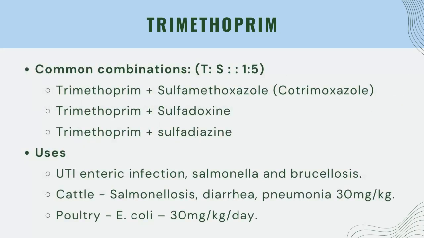Here are the common combinations of trimethoprim and sulfonamide: trimethoprim and sulfamethoxazole, trimethoprim and sulfadoxine, trimethoprim and sulfadiazine. These are used in UTI, enteric infection, salmonella, and brucellosis. Also in salmonellosis, diarrhea, and pneumonia in cattle, and E. coli infections in poultry.